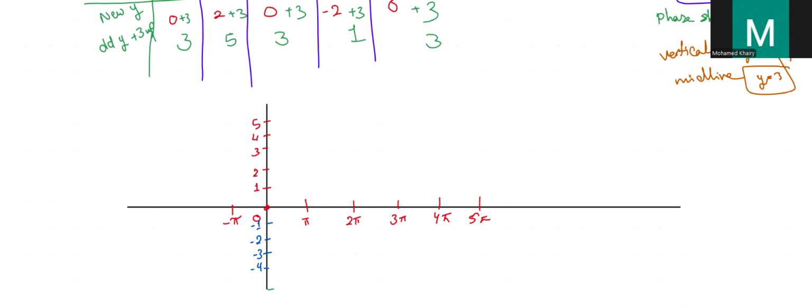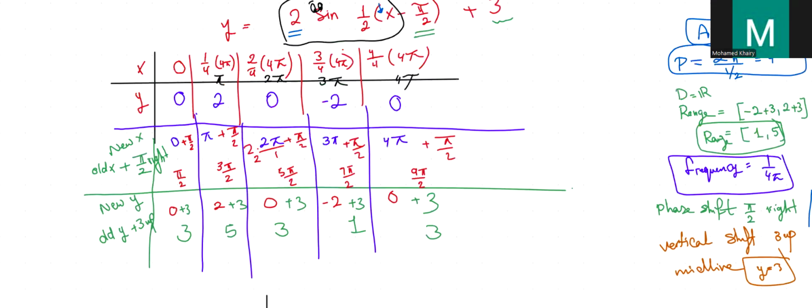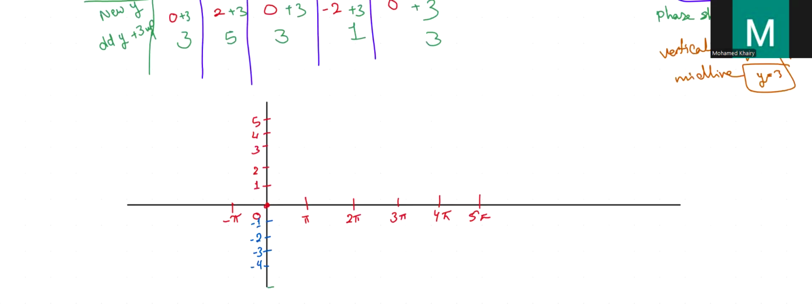The graph was what? This is for sine, so sine starts with 0, right? So it was 0, 0, pi and 2, 2 pi and 0, 3 pi and negative 2, 4 pi and 0, and so on. So if you just connect the points, it's going to be something like this.